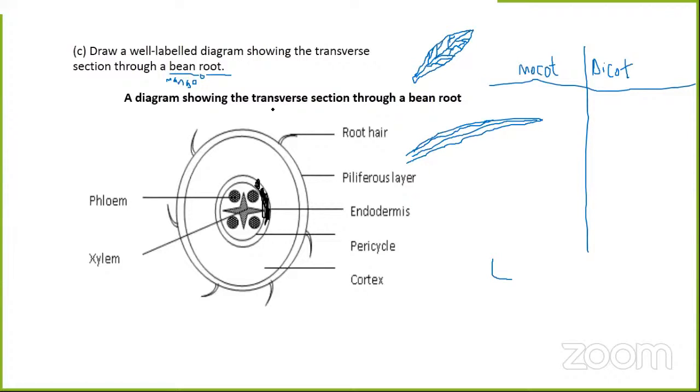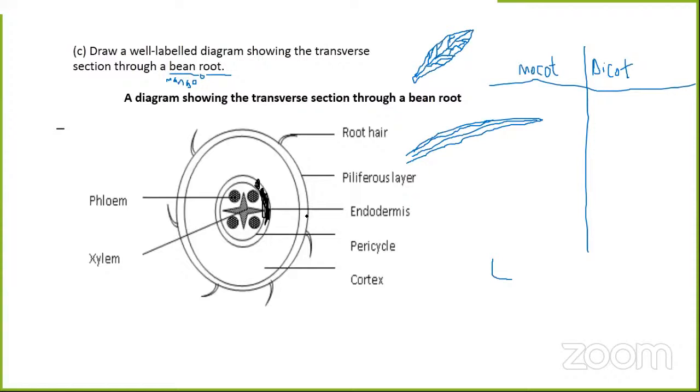In case they ask you to give differences between a transverse section of any grass plant that you can think of and a transverse section of a dicot, one of the differences is that in the dicot, the xylem is in the form of a star shape, but in the monocot, they are scattered, arranged in a ring. So you must know that already. Do you get it, Miss Ghana?